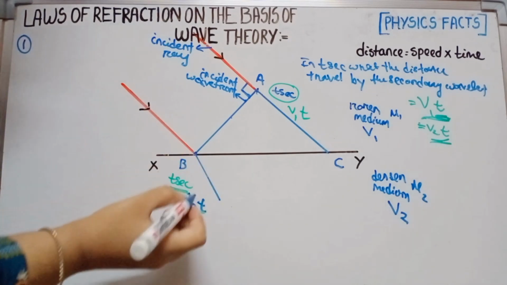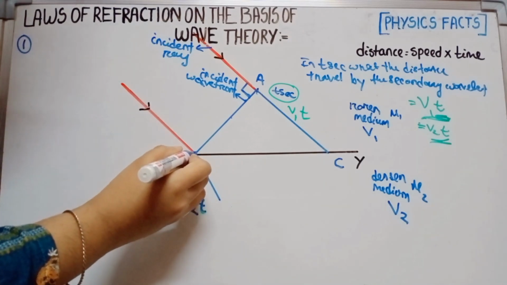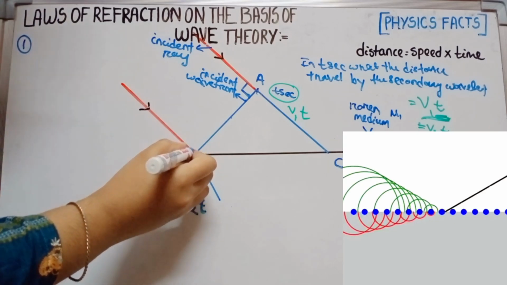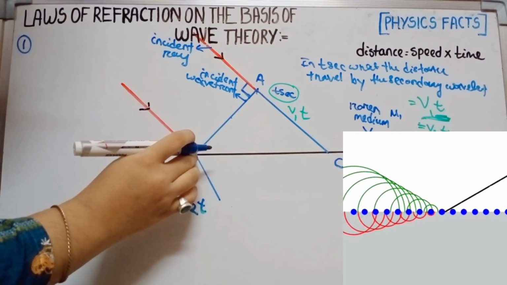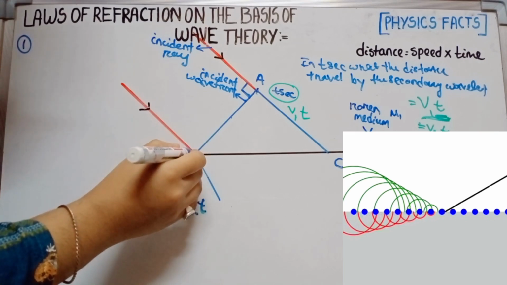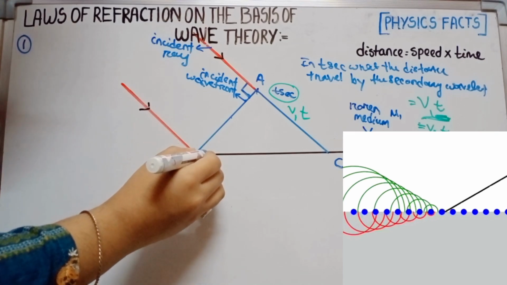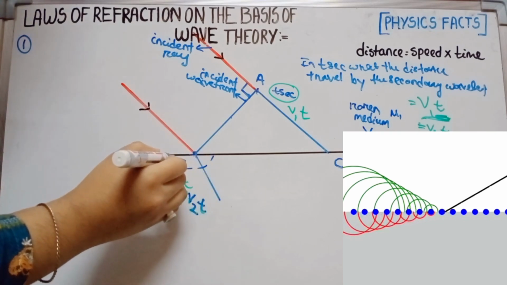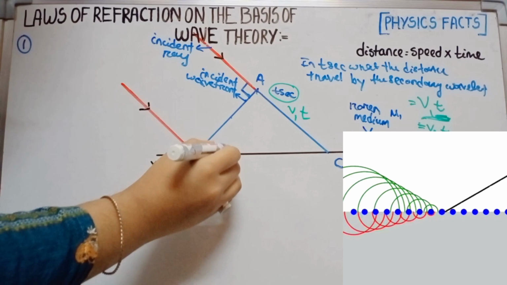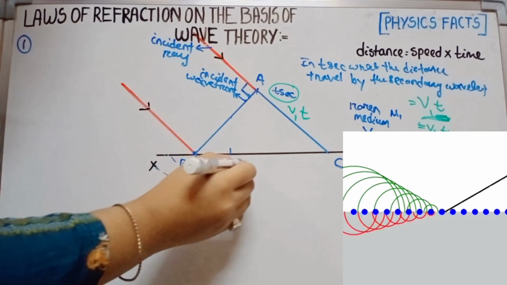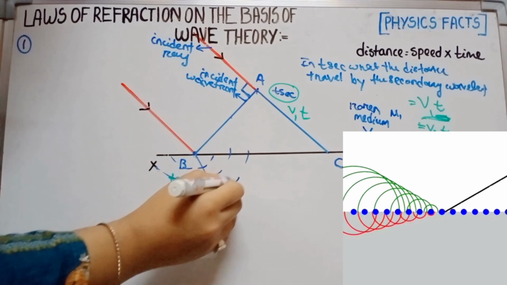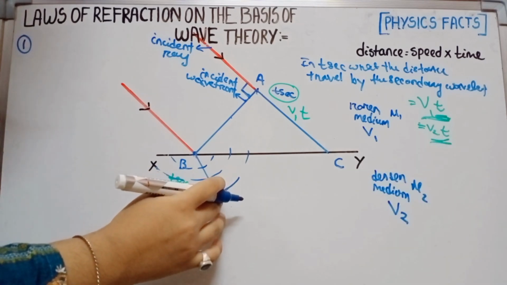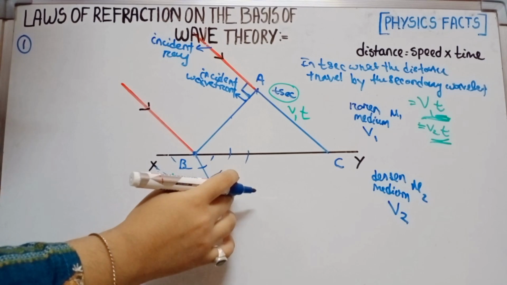So student, here what happened? B is a point which acts like a fresh source of disturbance, and the wavelet is produced and propagated in this way. कुछ इस तरह ये प्रोपागेट होता है, समझ आ रहा है?